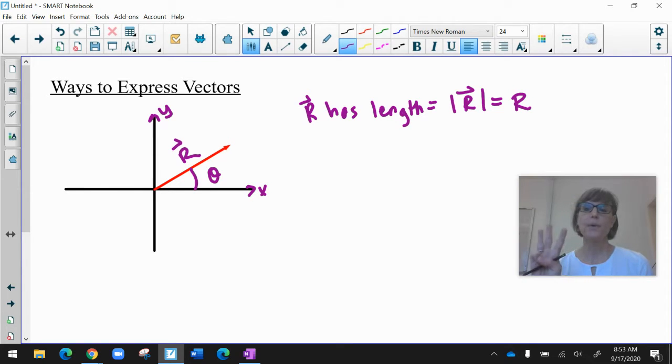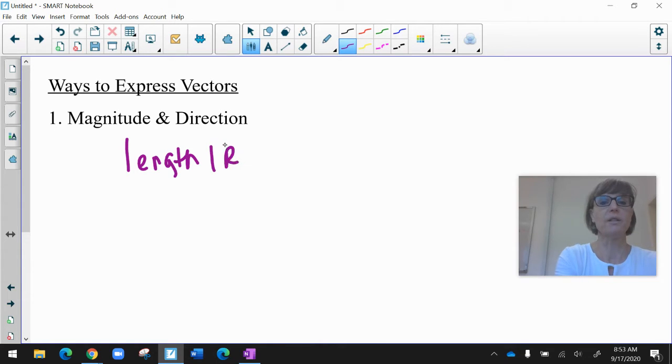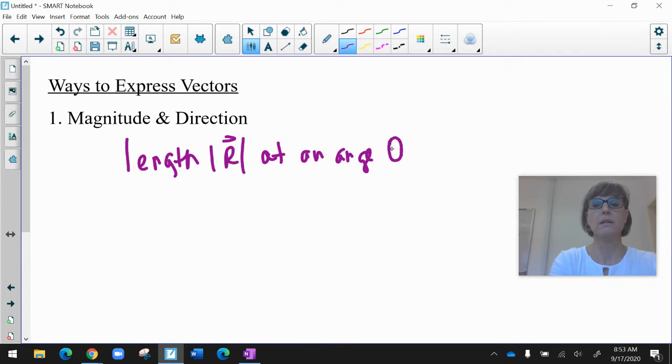So there are three different ways that I can express this vector. The first way is just using a magnitude and direction. I can say that the length of my vector is the absolute value of r at an angle theta with respect to the positive x-axis.